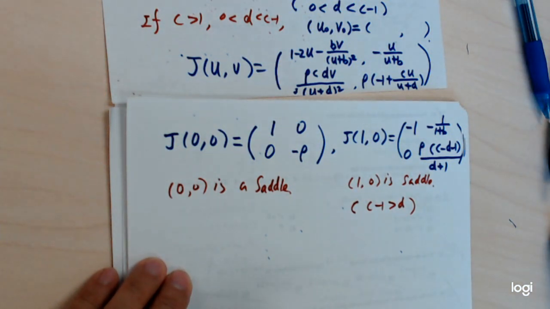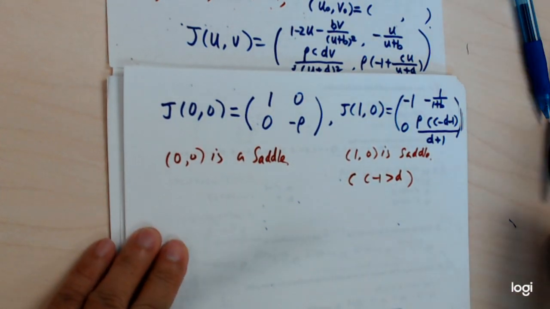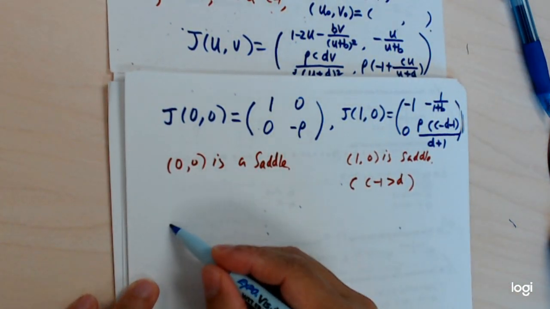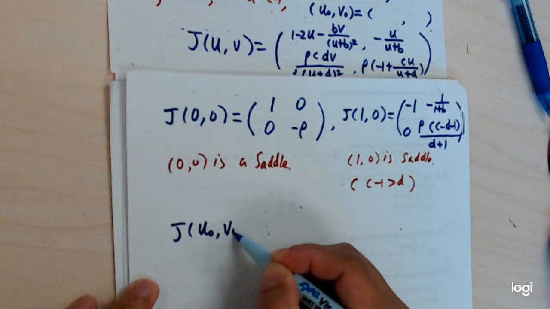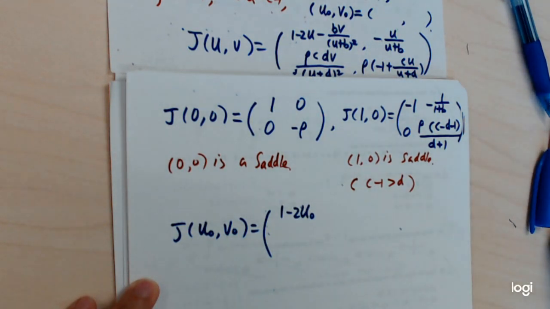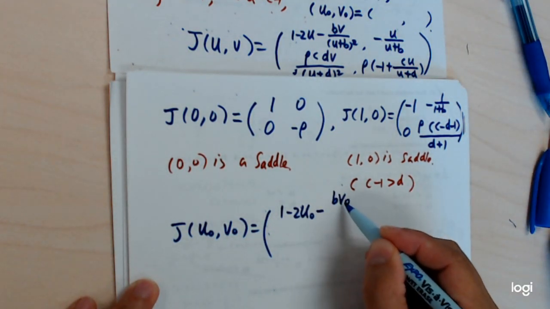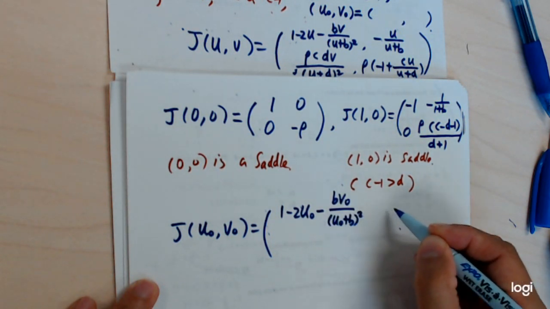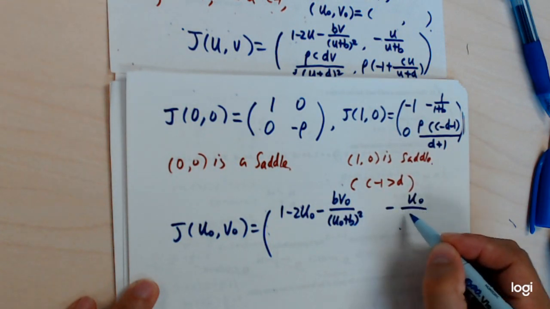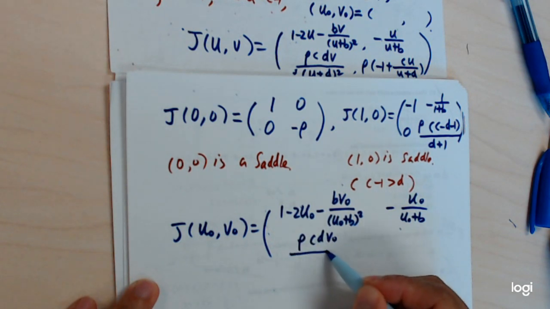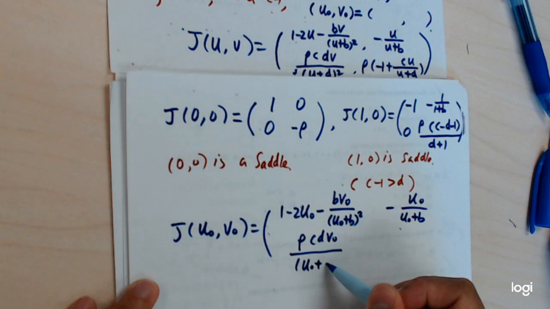So now I will plug in u naught and phi naught into the Jacobian matrix. Notice there's nothing I can do with those terms other than plugging in u naught and phi naught.